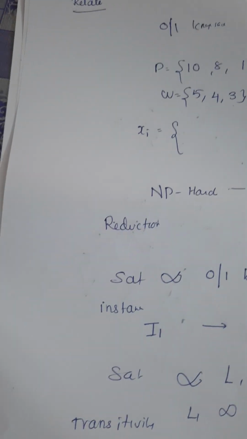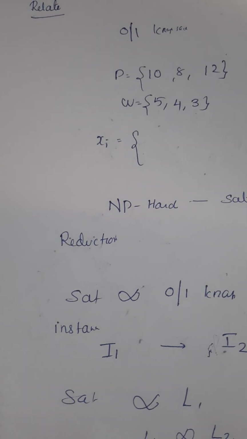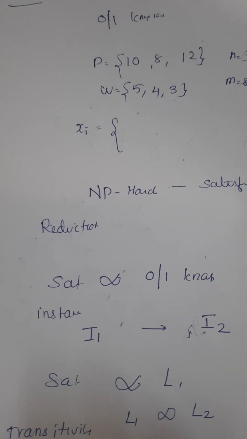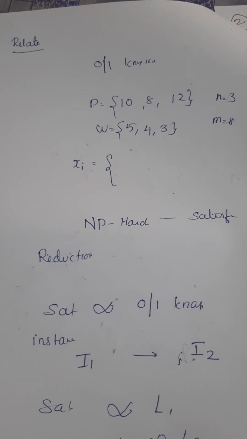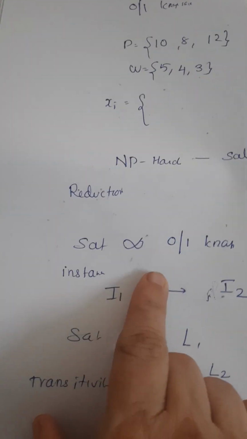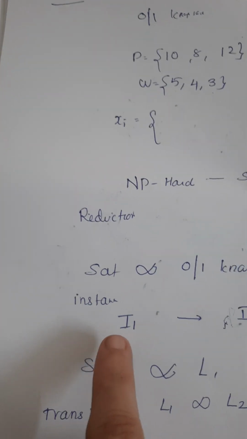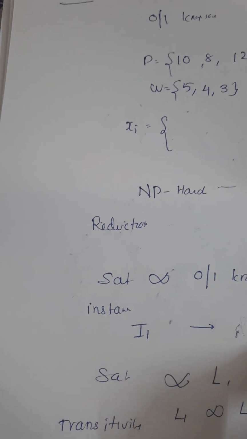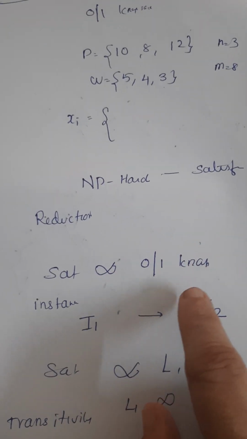Let us first assume that it is NP hard. Don't be confused by a new word like hard coming up; before it comes to the NP category, we assume that it is in that. So the satisfiability problem can be related with 0 1 knapsack. It means that an instance of this and an instance of that, when we are able to do a mapping, then we can say that this can also be solved using a non-deterministic algorithm.